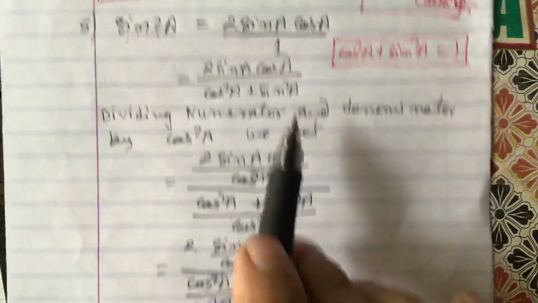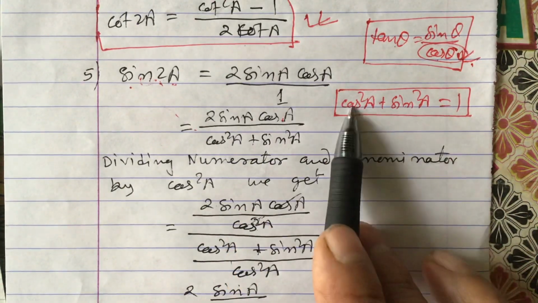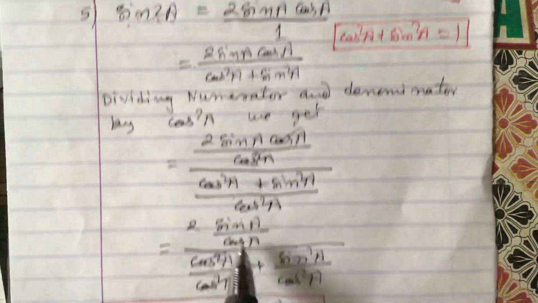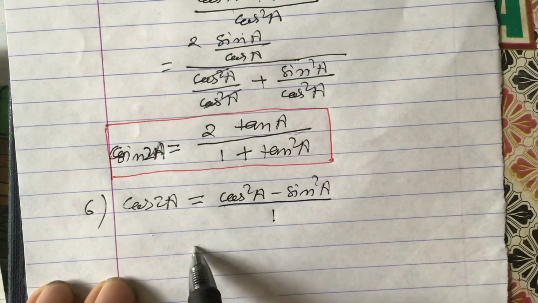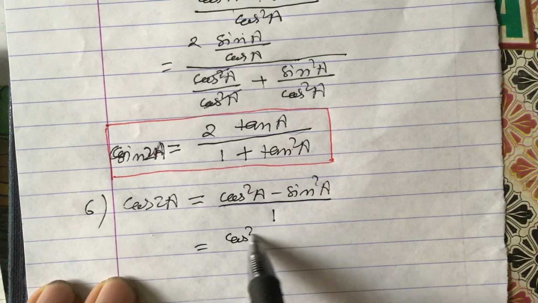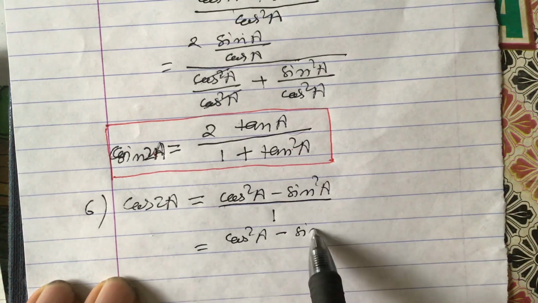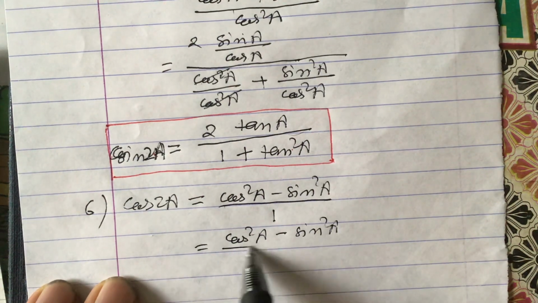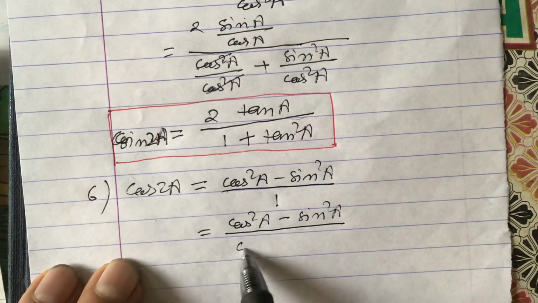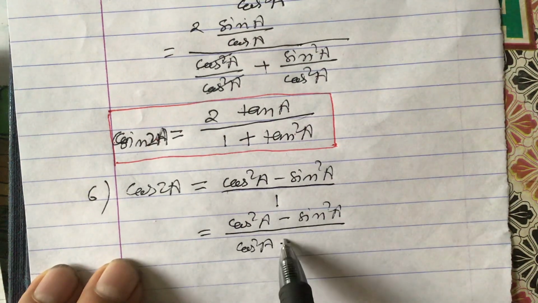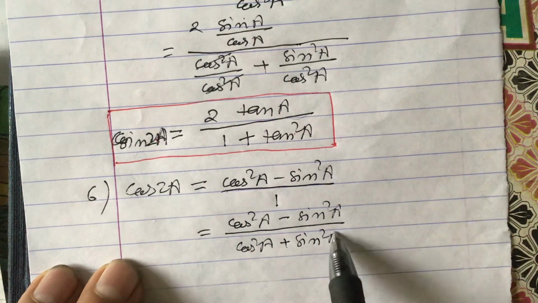Now we'll put the formula of 1, which is cos square A plus sine square A. So if you put the formula of 1, then you will get like this: cos square A minus sine square A in the numerator as it is, and in the denominator 1 means cos square A plus sine square A.